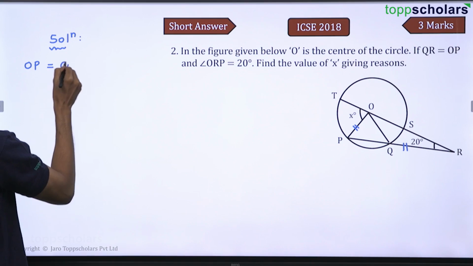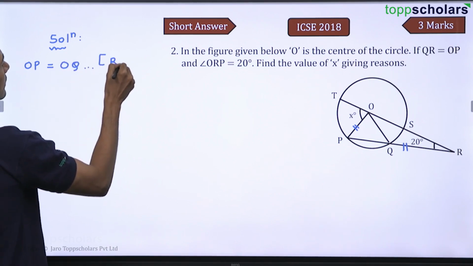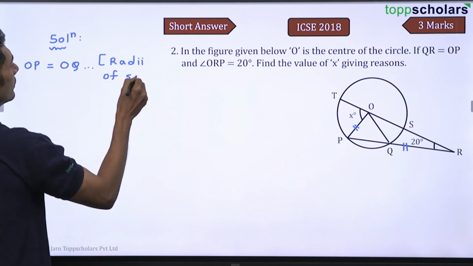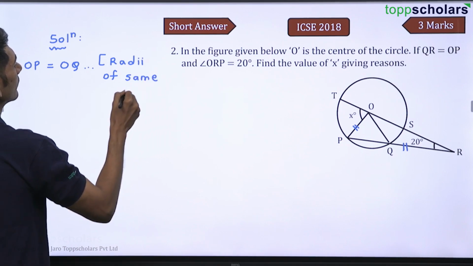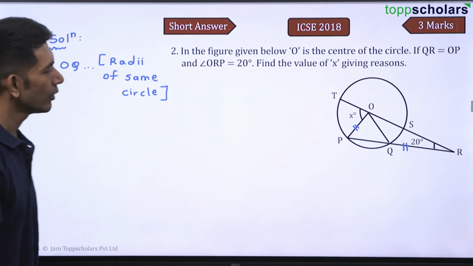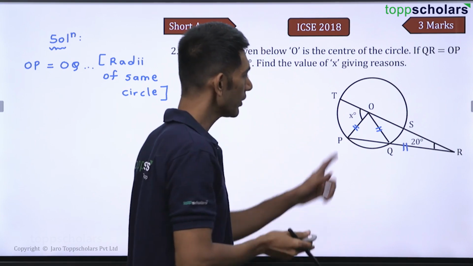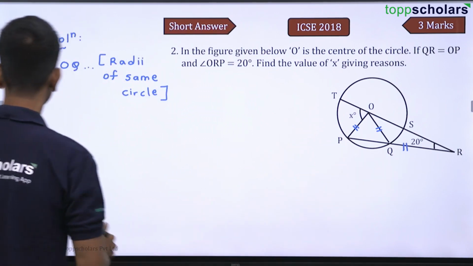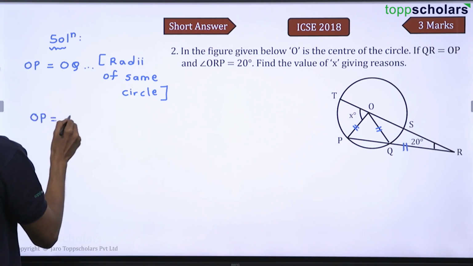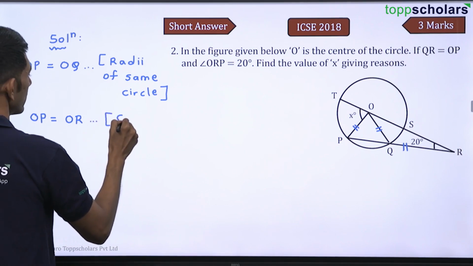OP is equal to OQ because they are radii of the same circle, but OP is already equal to OR, that is given.